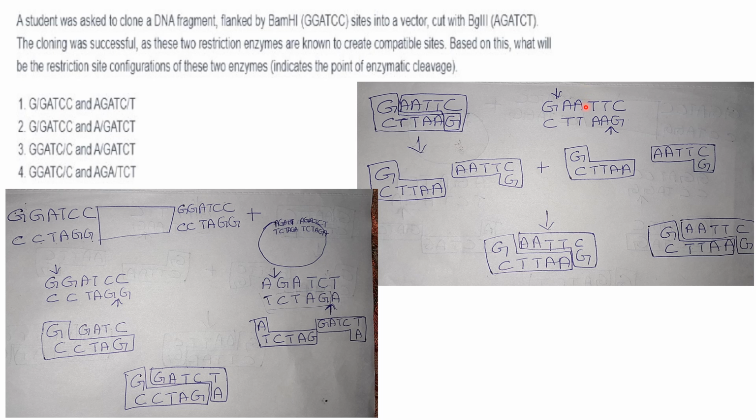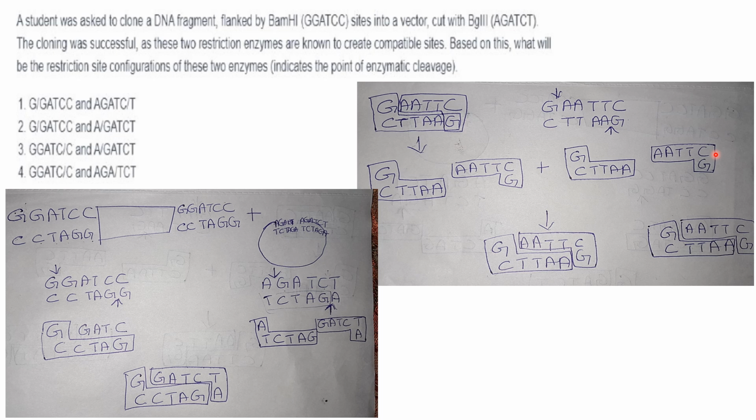Now I will be cutting the vector also at the GAATTC site. This is the EcoRI recognition sequence. So it will cut the vector and the gene of interest with EcoRI, and here you will get two sites. Now what will happen? The vector and the DNA fragment have to ligate.